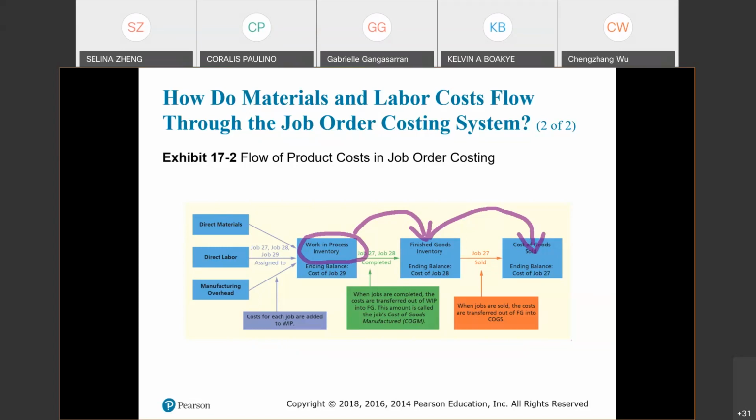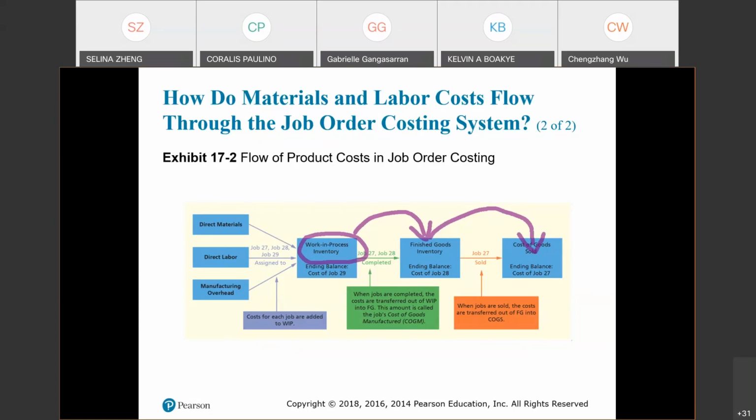So this slide shows the flow of costs for 3 jobs, job 27, 28, and 29, that I worked on during the accounting period at Smart Touch Learning Company.